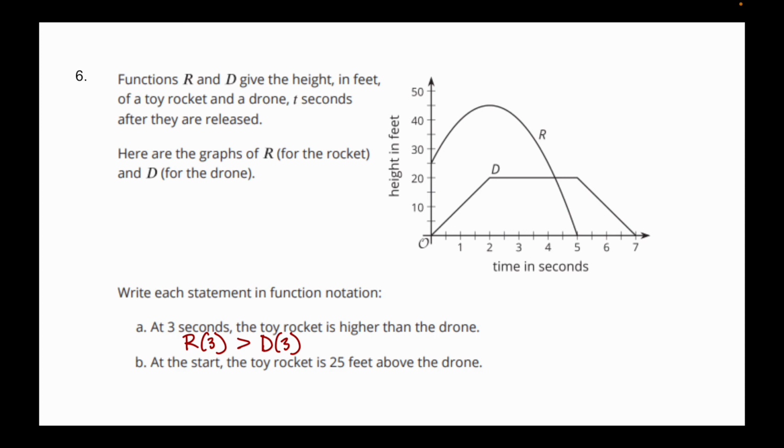And then at the start, the toy rocket is 25 feet above the drone. So that's at the start, which is at 0 for our input value. So the rocket at 0 is, now it's 25 feet above the drone, so we're going to say the drone's height at 0 and then 25 feet up from there.